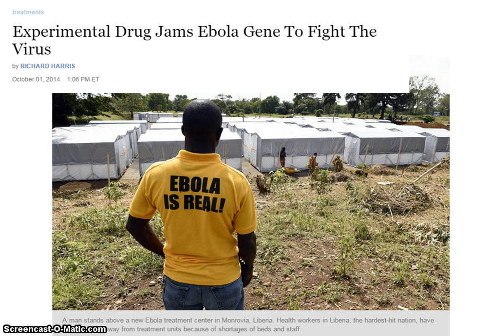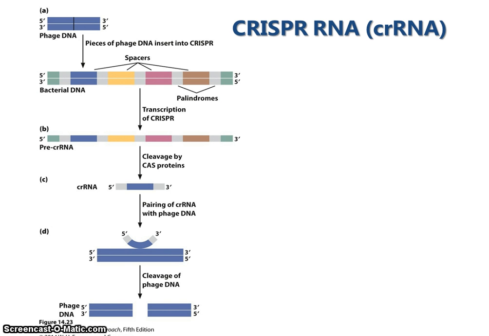I just want to say that CRISPR is the next thing I'm talking about. CRISPR RNAs are basically, they're not double-stranded. They are in bacteria. They're derived from phage DNA, and it is a defense mechanism for bacteria against phage that might infect it.